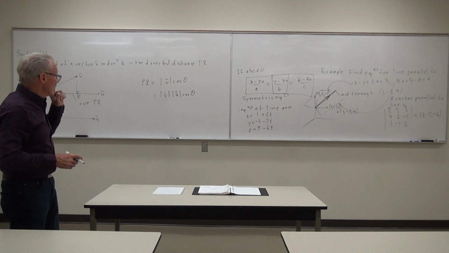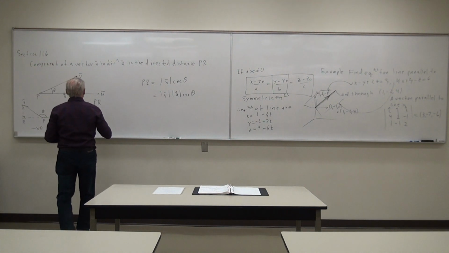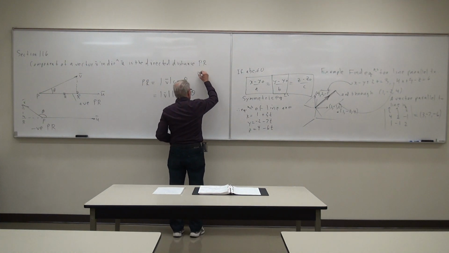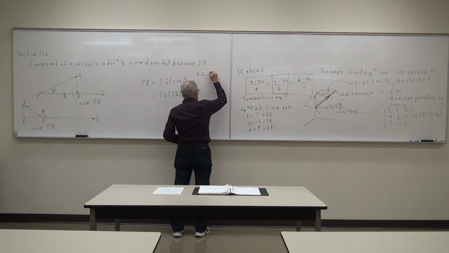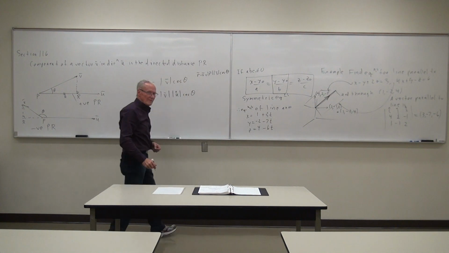But you will recall from first year that if you wanted to talk about the dot product of two vectors, maybe I use different letters, I'll say r dot s, and those are two vectors, you get it by taking the length of r, the length of s, times the cosine of the angle between them.